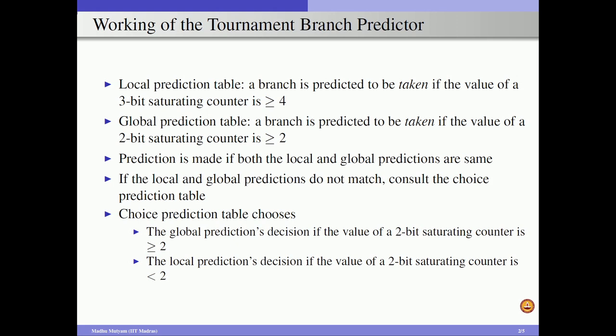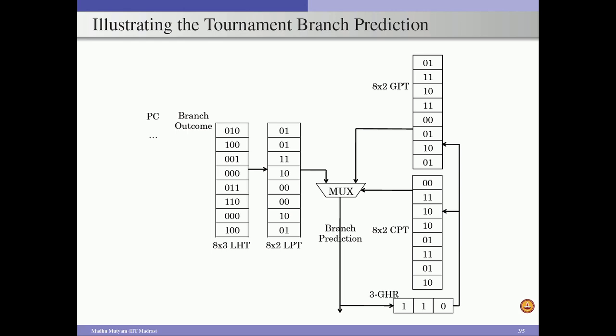So, here for this example we are considering an 8-entry local history table, and each entry in the local history table has 3 bits of information. We also consider an 8-entry local prediction table, but each entry in the local prediction table has 2 bits, and we have a global prediction table which also has 8 entries, each with 2 bits.